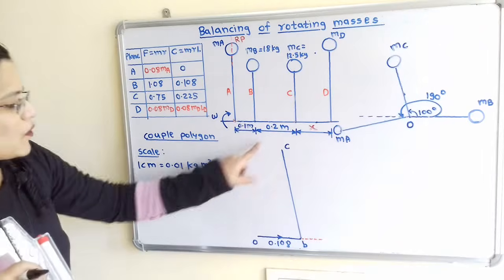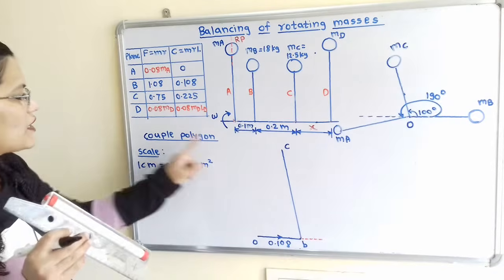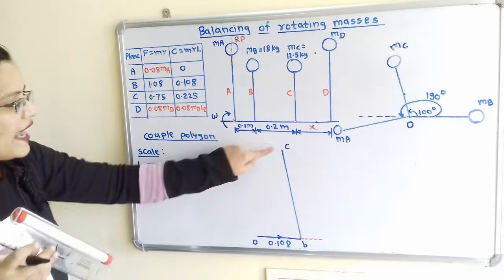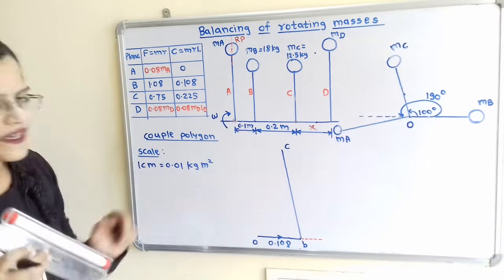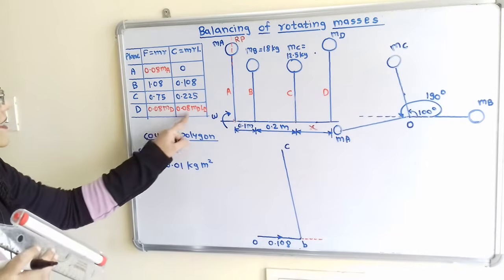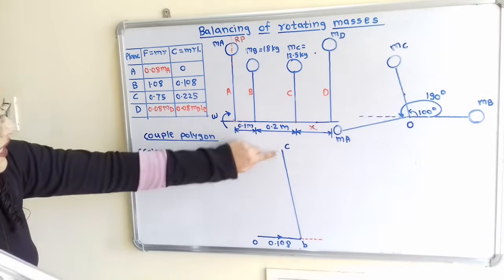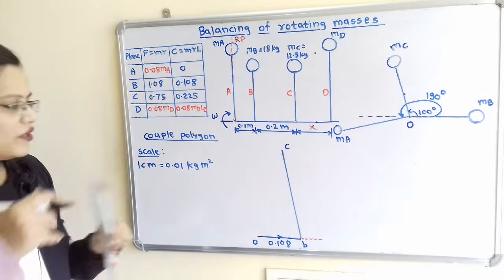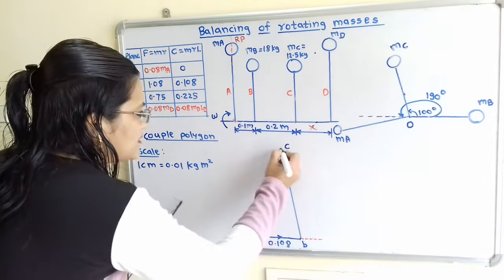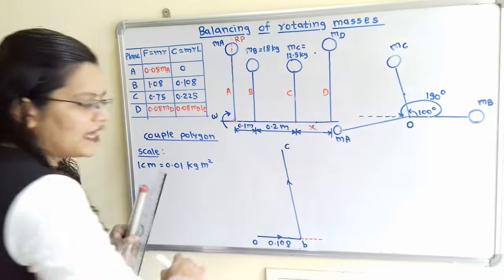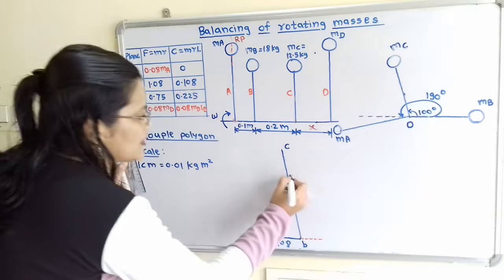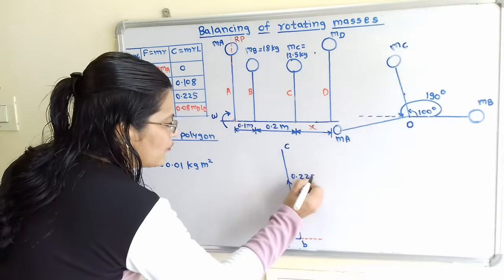Now the couple polygon should be closed. So we have to join this point C as well as point O, because the next term, that is for D, is the unknown term, and this length will show this value. If I join this B and C, the direction is upward, and its value is 0.225.